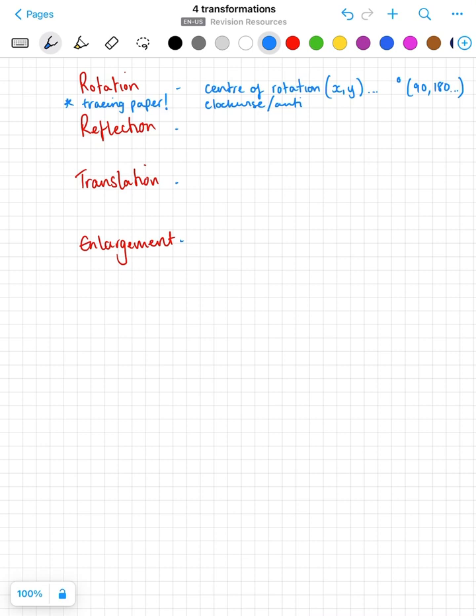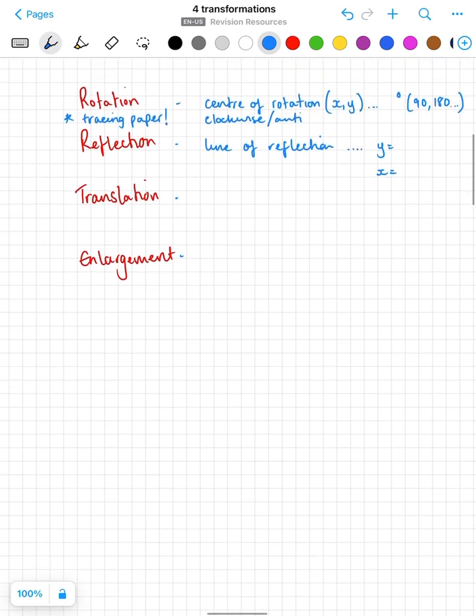A reflection is the mirror image, and there will be a line of reflection. So you would say a reflection in the line of, it might be something like y equals or x equals, and you need to find that line of reflection.